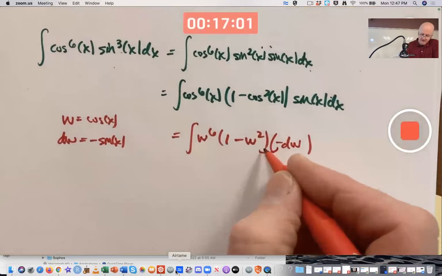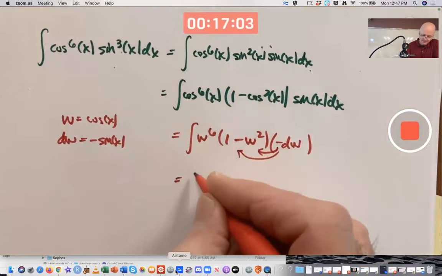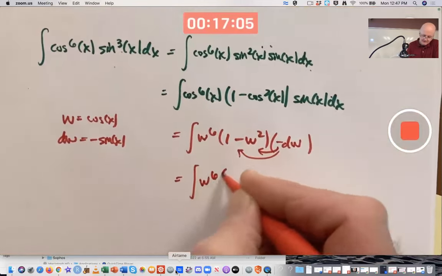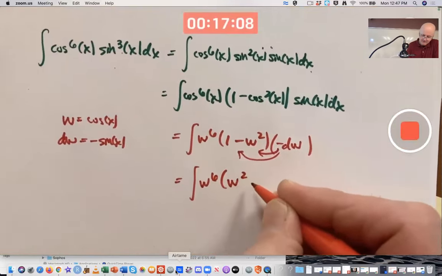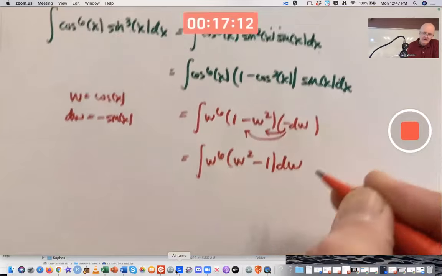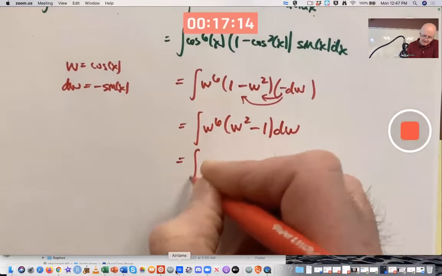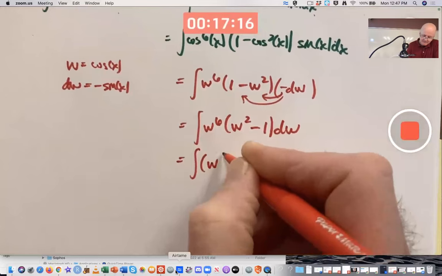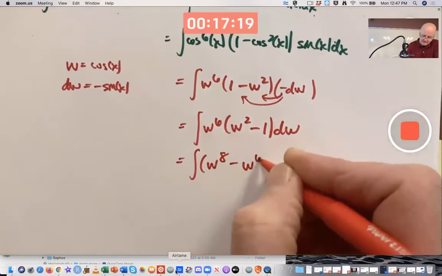I'm going to distribute the minus sign through the parentheses here, though I could also put it in front of the integral and rewrite 1 minus w squared times -1 as w squared minus 1. Then distribute the w to the 6th through the parentheses to get w to the 8th minus w to the 6th.